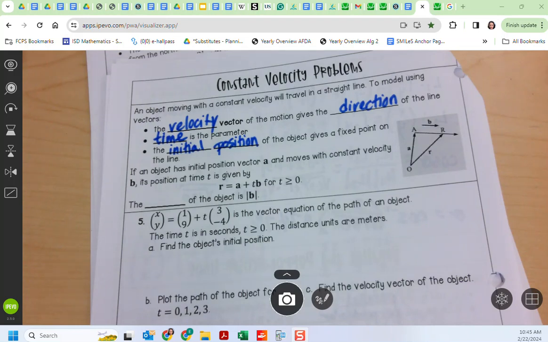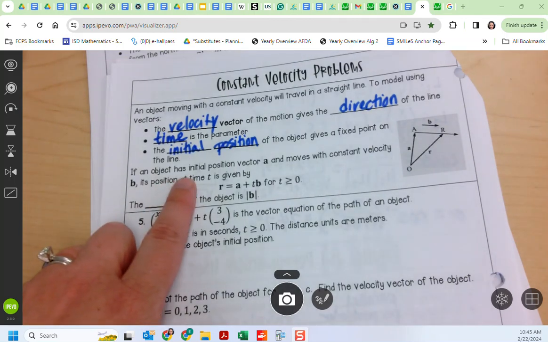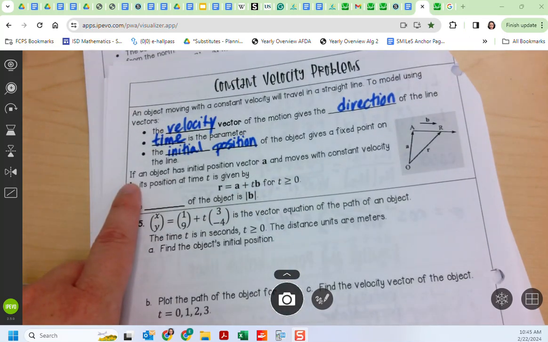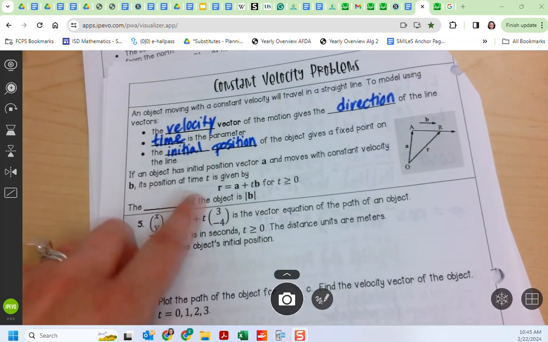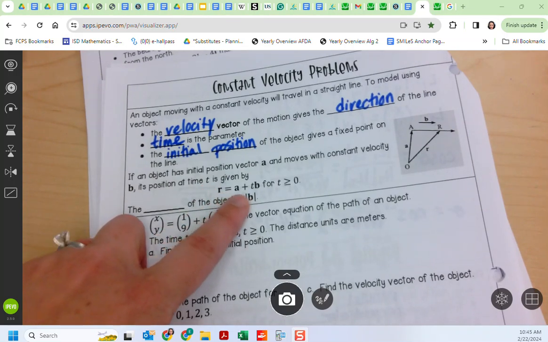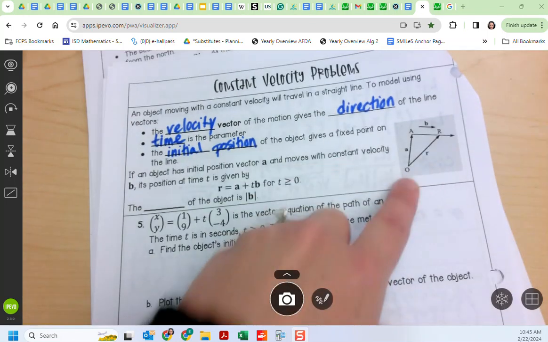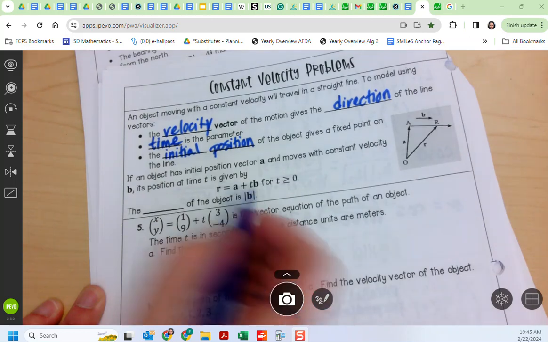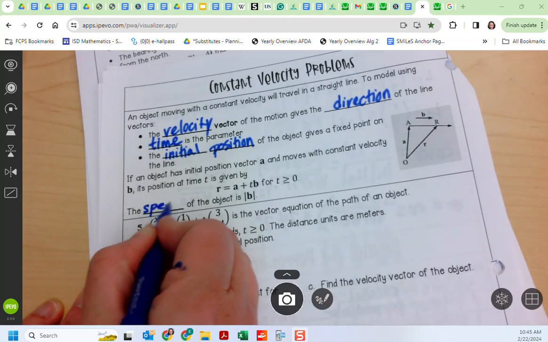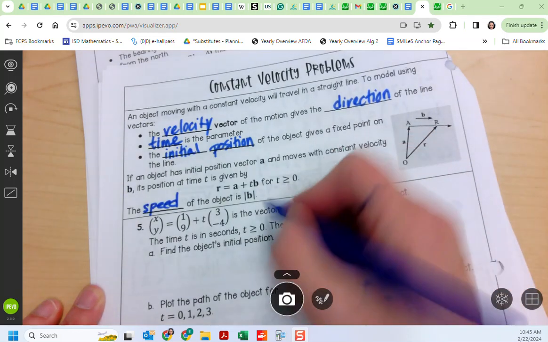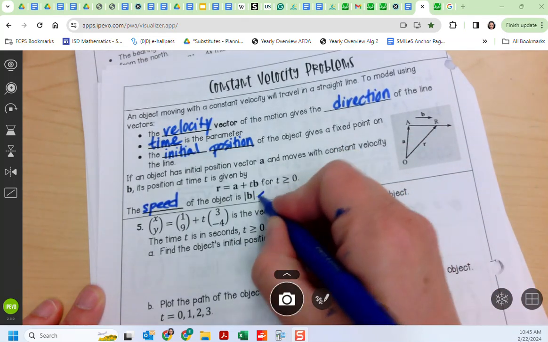Let's see. So here is the equation. If an object has initial vector a and moves with constant velocity b, then its position at time t is given by r is equal to a plus tb, and notice r is this vector here. The speed of the object is the magnitude of the velocity vector.